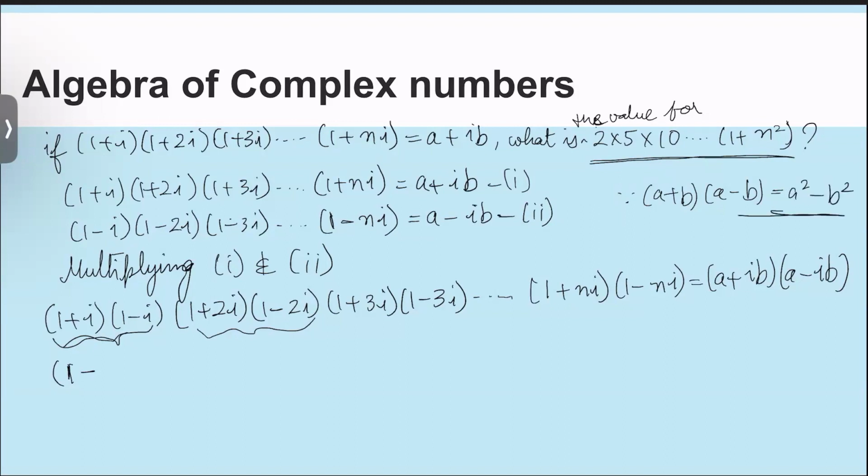In a similar form, we can take the brackets which fall into this form and write them in terms of this.